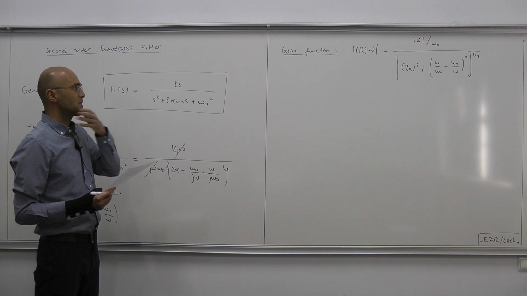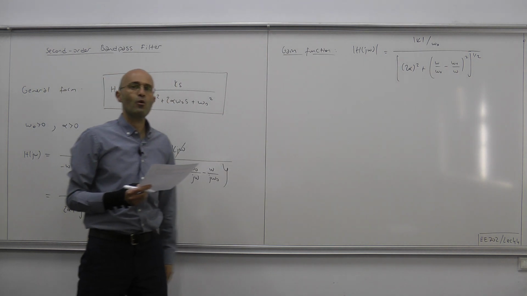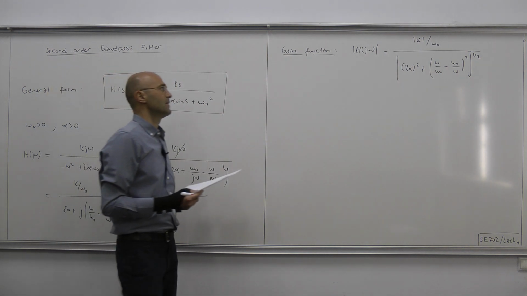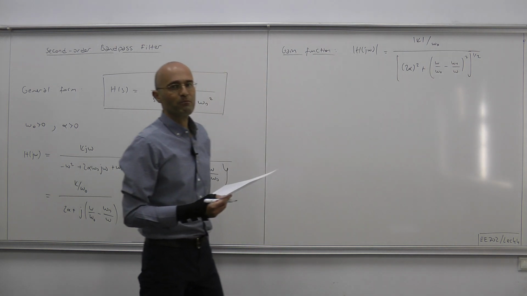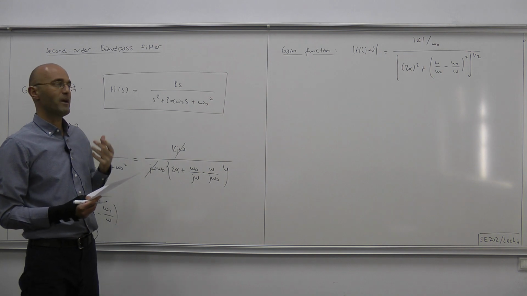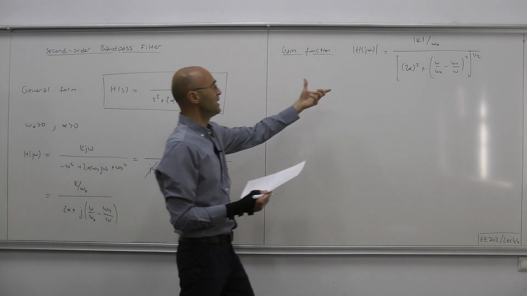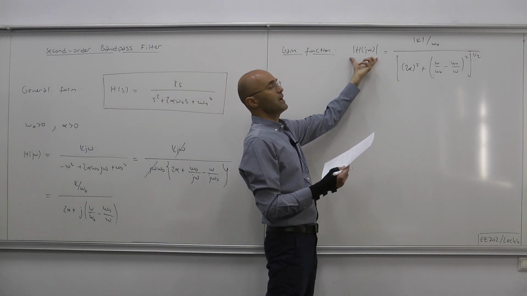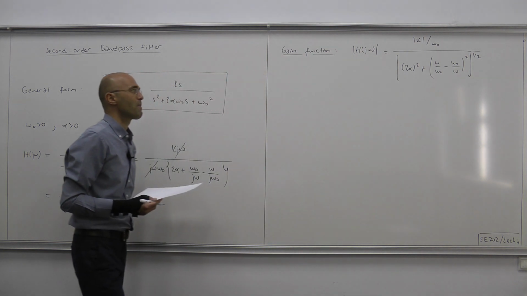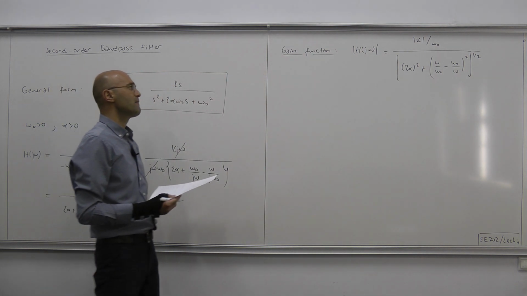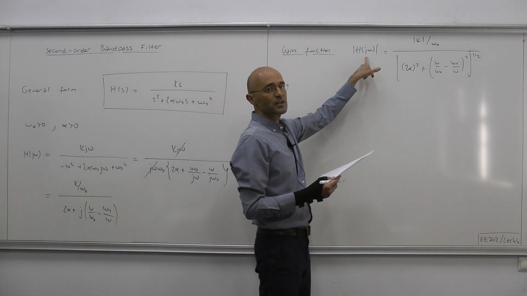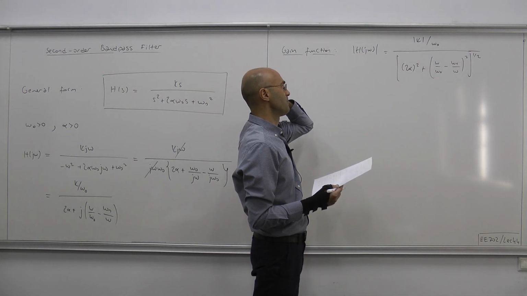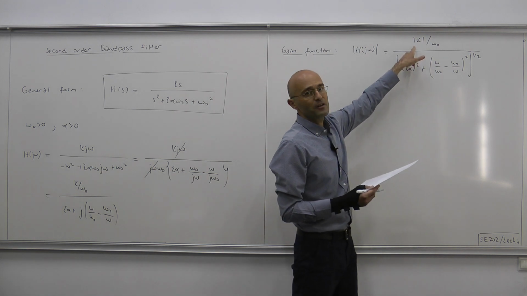So let's try to figure out qualitatively what kind of shape we expect from that function of omega, namely the magnitude of H versus the frequency omega. Let's begin by figuring out the maximum value that the gain function can achieve. So the numerator is fixed.